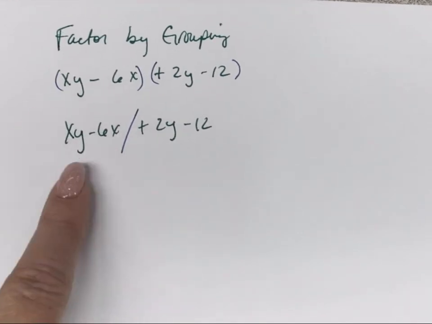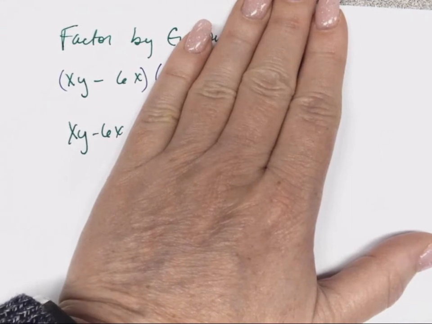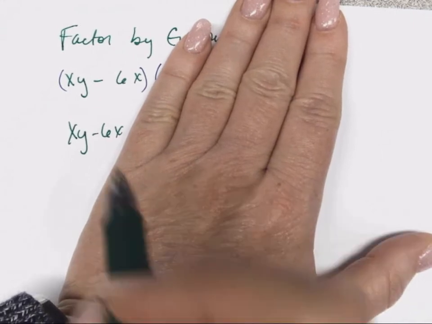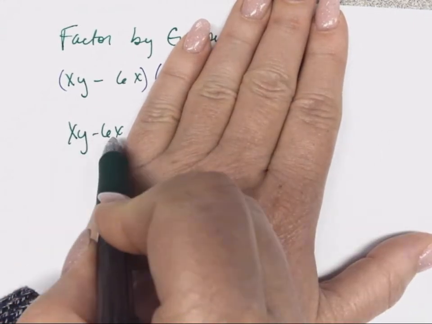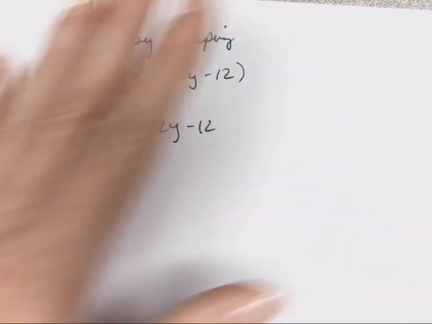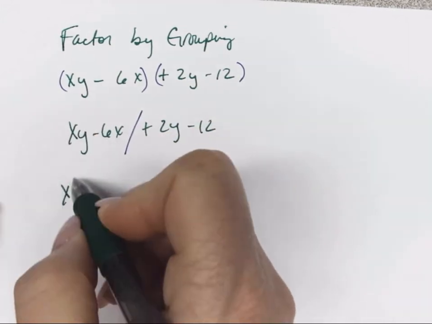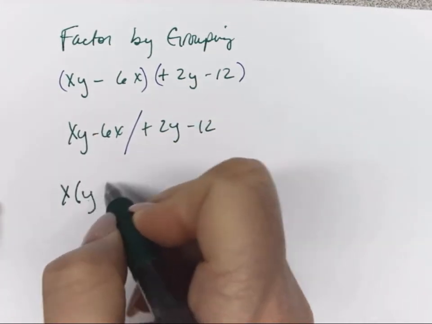All right, so over here, we're looking at this half over here. What does it have in common? Well, we have an xy and a negative 6x. So the term that they have in common is the x. So I'll factor out an x. xy divided by x will get me a y.